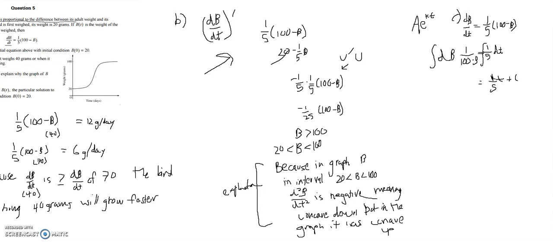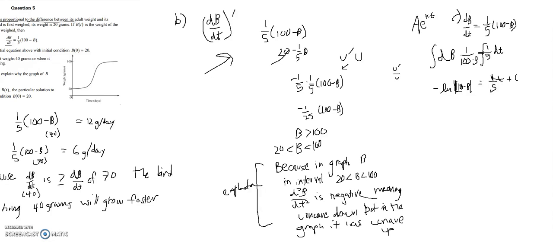This would be the negative ln absolute value of 100 minus B, because this 100 minus B part right here, it will turn into minus B, so then that's the u prime over u method, and u prime would be negative 1, so it'd be negative on the outside of the ln.